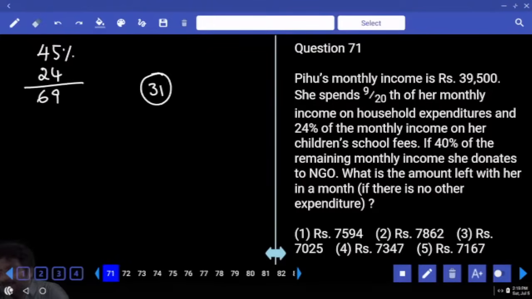60% of this number will be 6 into 10%. What is 10%? 6 times of it. 18.6% calculated on 39,500. What is 1%? 395. 5 less than 400.